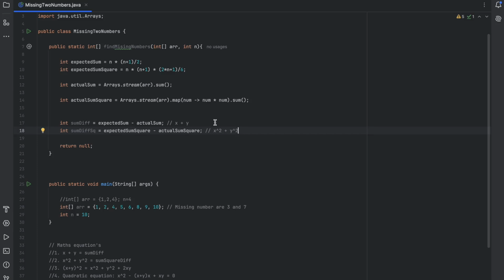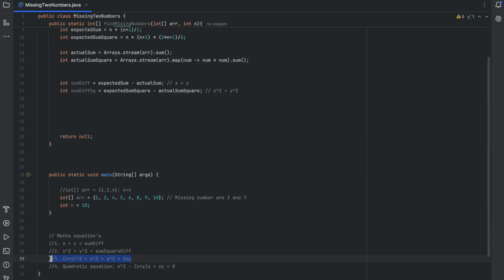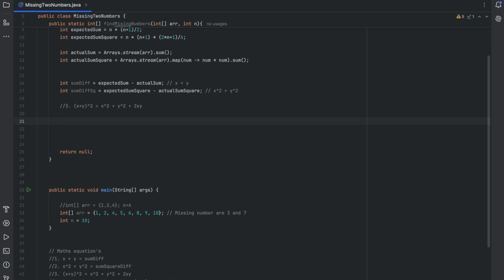I mean, this sum difference is the value x plus y, and then the sum square difference is the value x square plus y square. Yeah, this is correct. Now once we have the difference, let us write this equation and see how we are going to solve it.